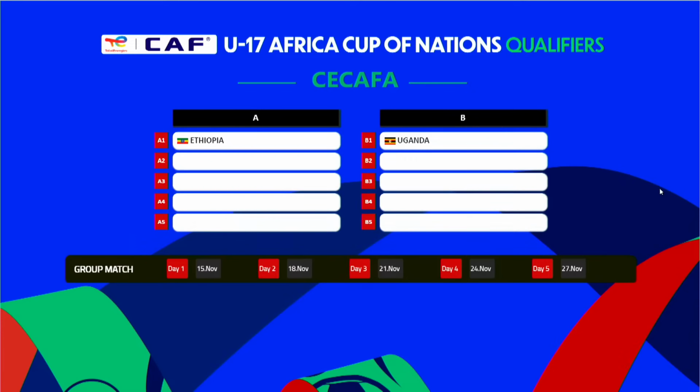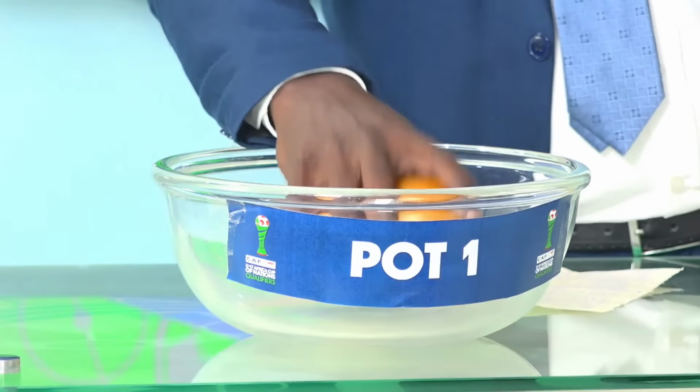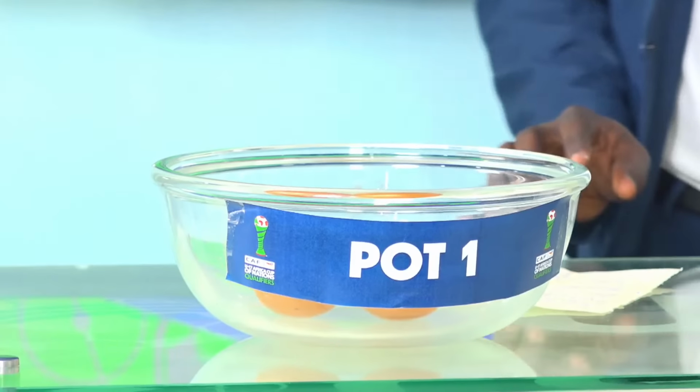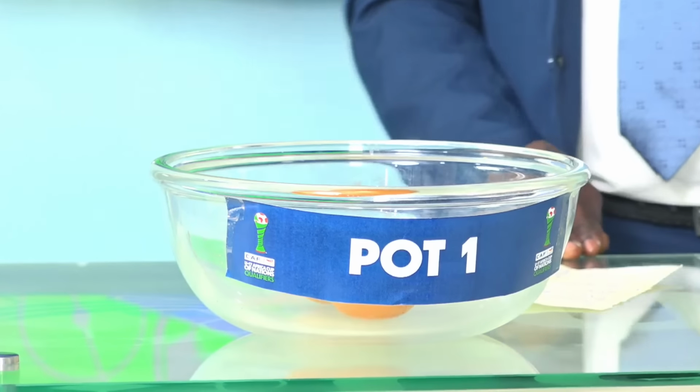The remaining, in Pot 1, we have the 2 teams that performed besides Uganda that lifted the title, and the hosts Ethiopia. The other 2 that performed well and are ranked highly as per last year are Tanzania and Somalia. The first ball drawn from Pot 1 will be the team that joins Ethiopia in Group A as A2.